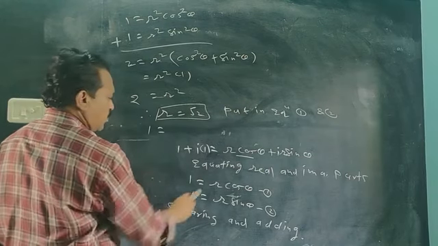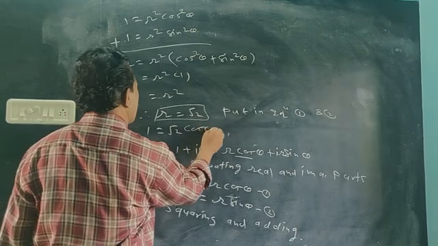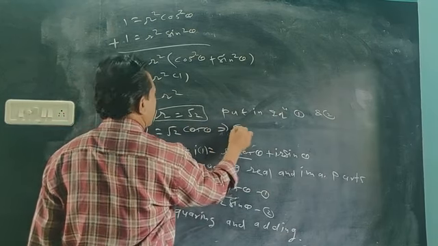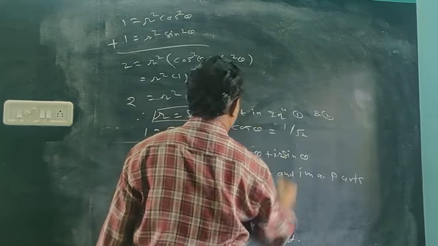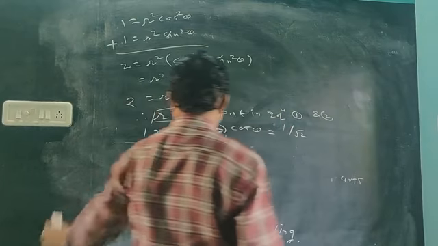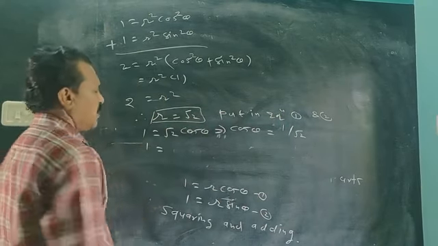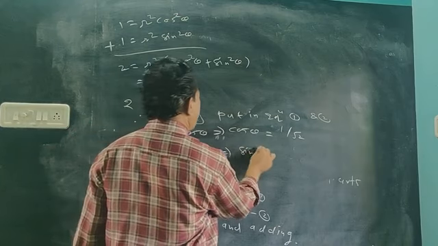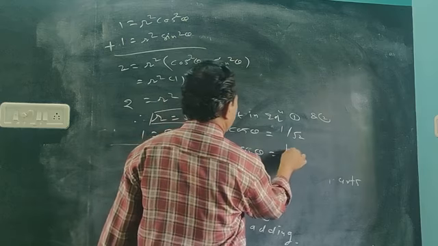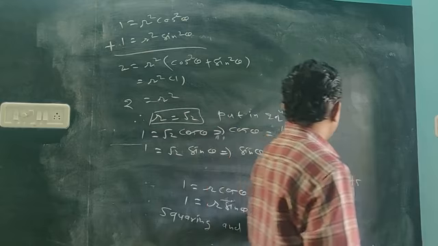So 1 equals root 2 cos theta. From this, what will be cos theta? 1 upon root 2. Second equation, again put r equal to root 2: sin theta, so from this we get sin theta is again 1 by root 2.